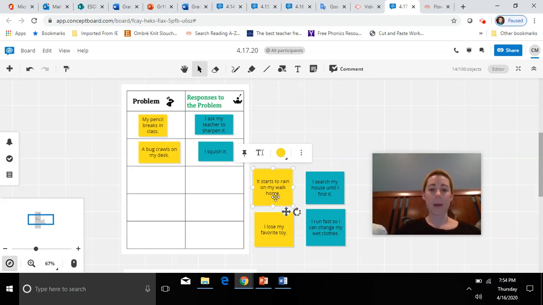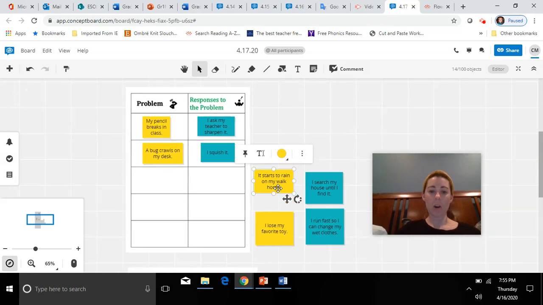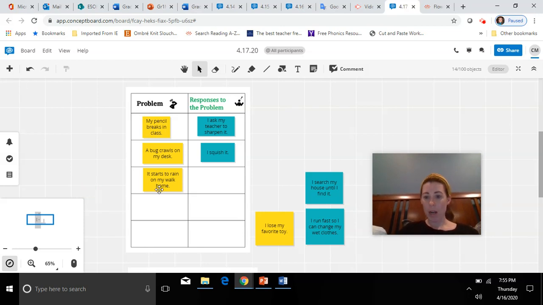Okay, let's see another problem. It starts to rain on my walk home. What would you do if it starts to rain and you are walking home from school or from the store? Tell someone at your house, when it starts to rain on my walk home, then blank.